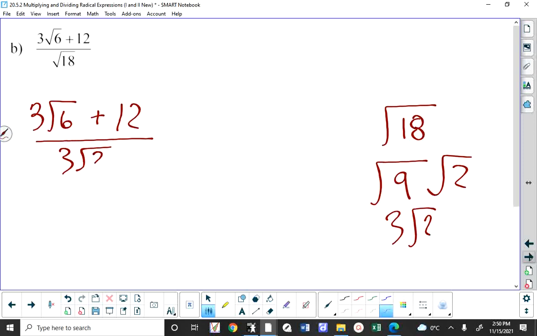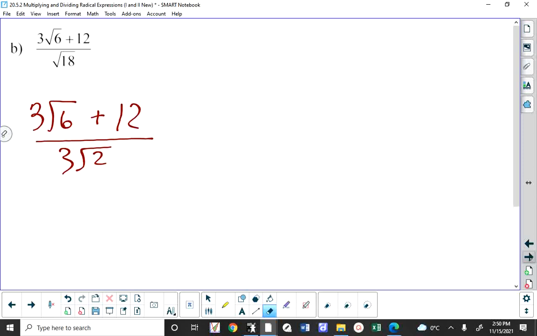How many of you see a very nice thing is about to happen with this expression? I've got a common factor of 3 on the top and the bottom. Please pay careful attention to the explanation I'm going to give you here. This has got to be the 4th or 5th time today I'm talking about canceling factors, and if I'm doing it that often, it's really important.